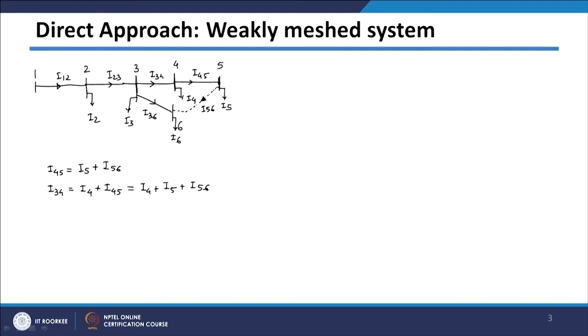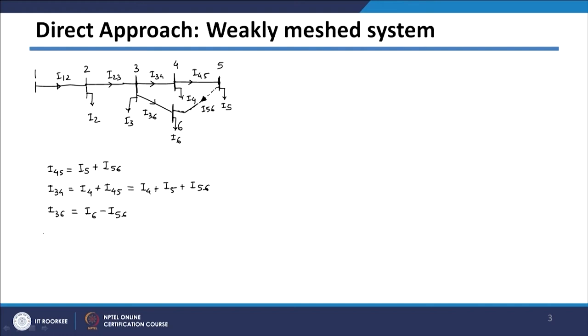Then let us apply KCL at the load node number 6. It will be I36, which will be equal to I6, and since the direction of this current I56 is such that it is leaving, it will be minus I56 here.